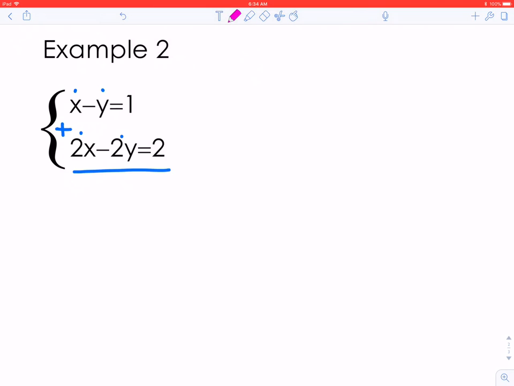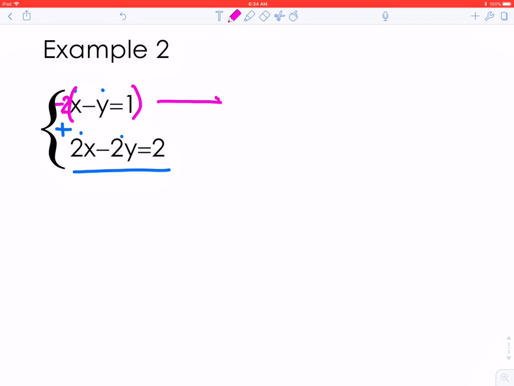What would it take? If only this x had a coefficient of negative 2. Then it would be the opposite of this 2x in my second equation. And when I add, they would eliminate. Now I can make that happen if I multiply the entire equation by negative 2.